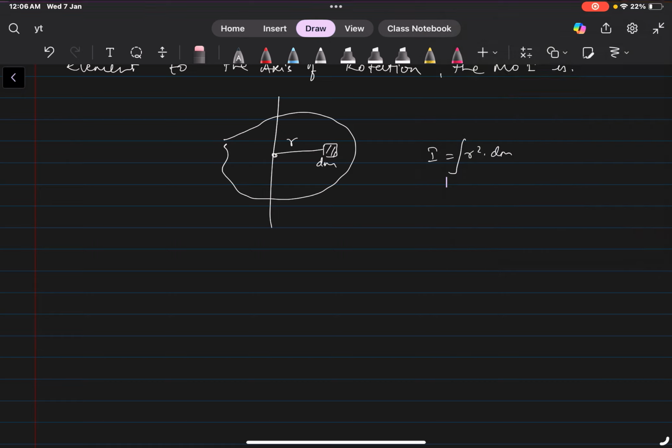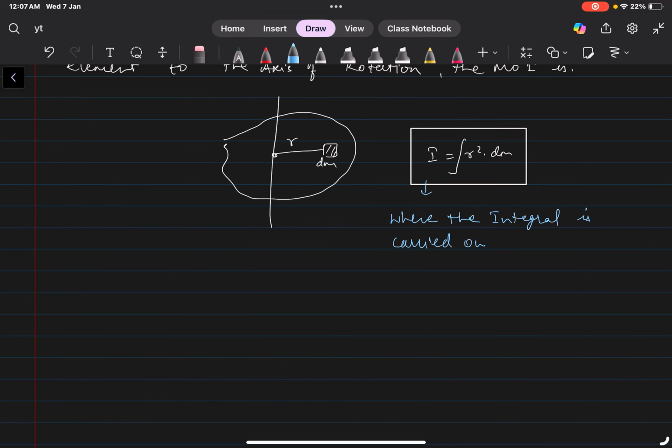This is the formula by which we are able to find the moment of inertia, where the integral is carried out over the system.